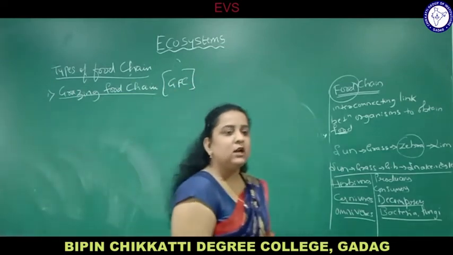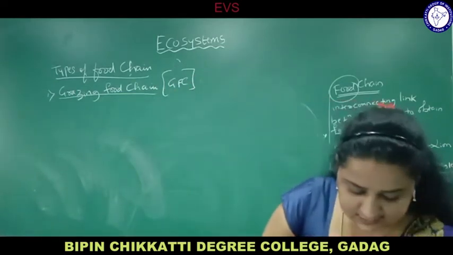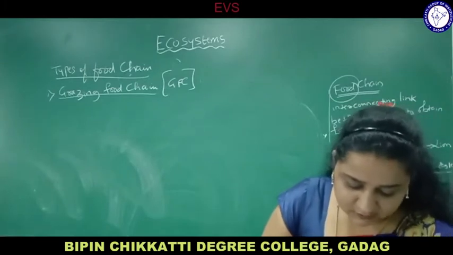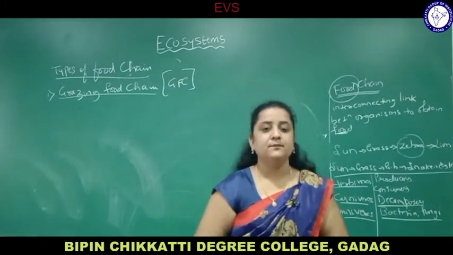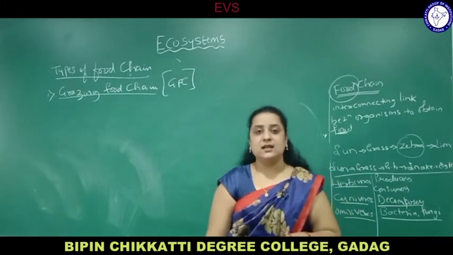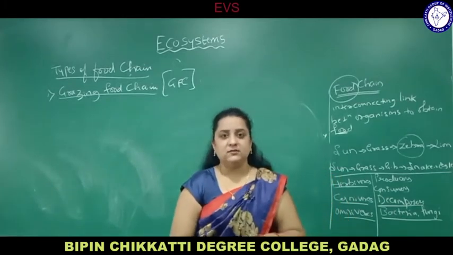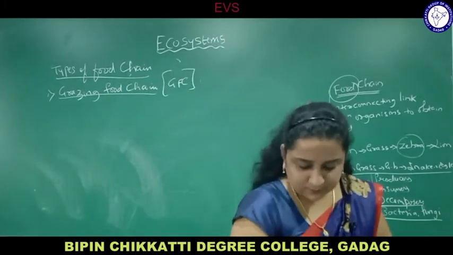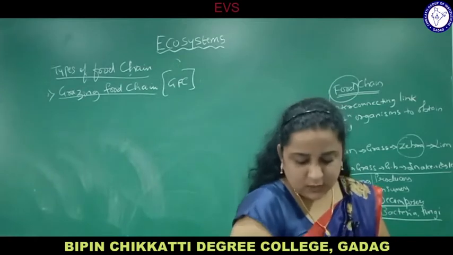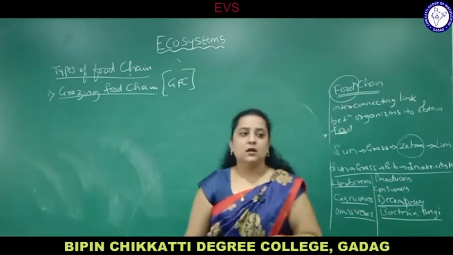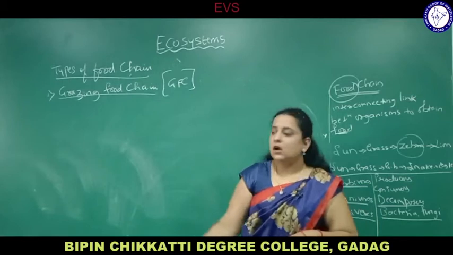This is the normal food chain that you observe in which plants are the producers, green plants preparing their own food, and that energy flows into the next trophic level, that is, to herbivores. So producers and then herbivores.